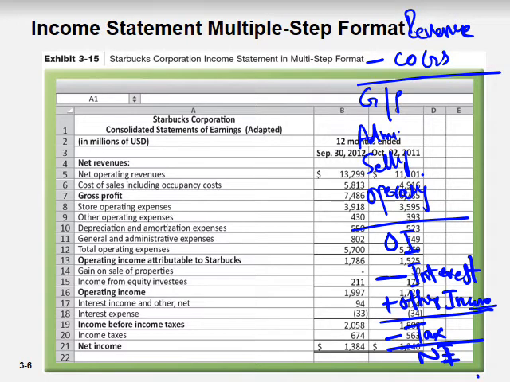you have to start from revenue, and then you less the cost of goods sold. You find out the gross profit, and then from gross profit you less all the operating expenses like admin expenses, selling expenses, depreciation, other operating expenses, store operating expenses, right?